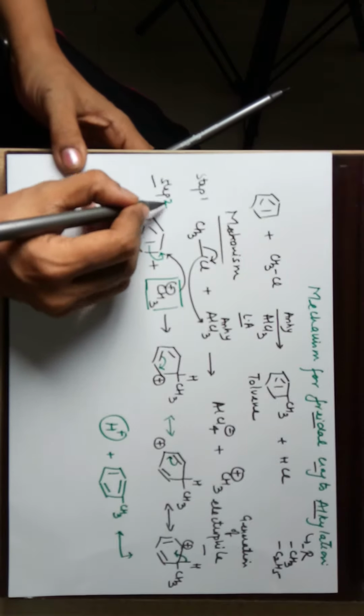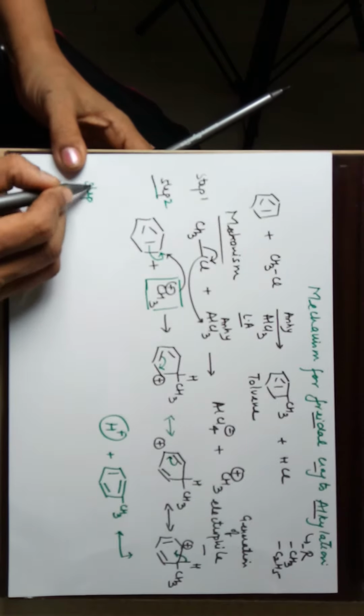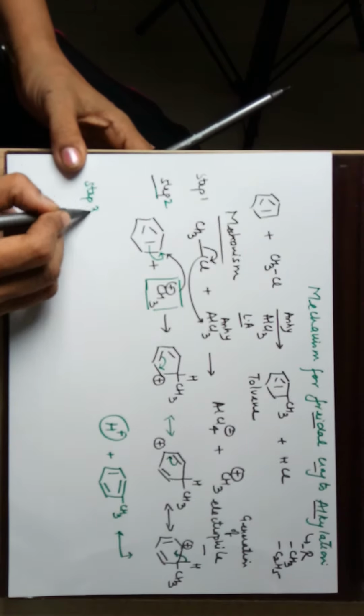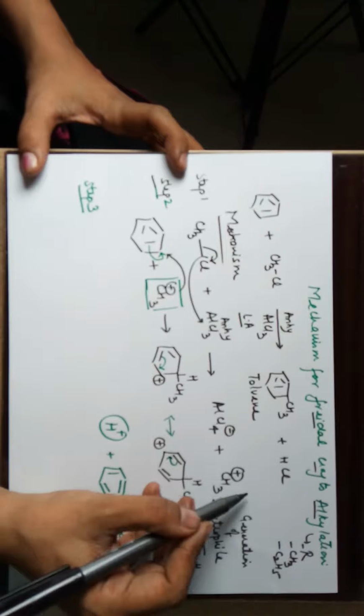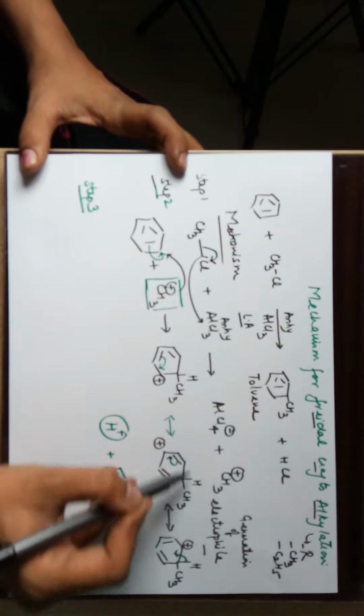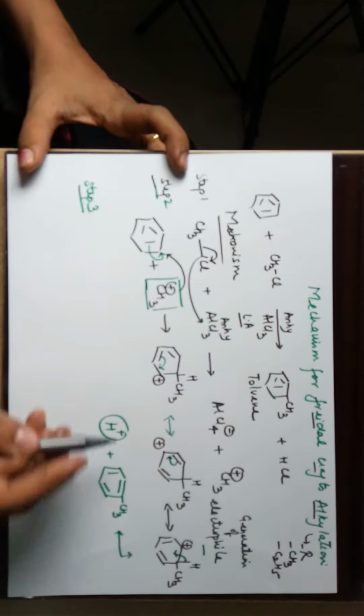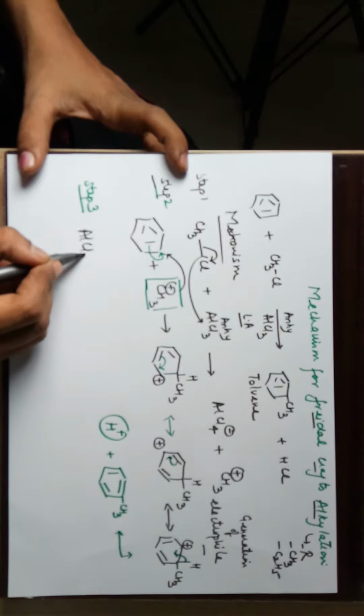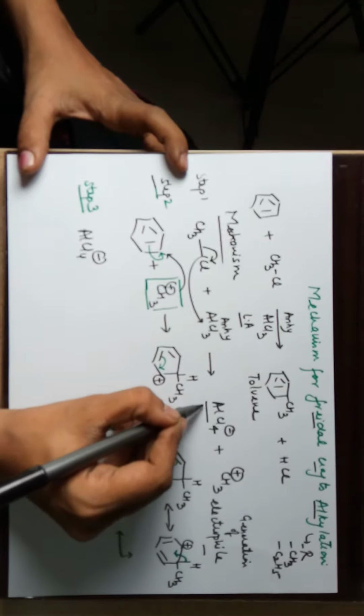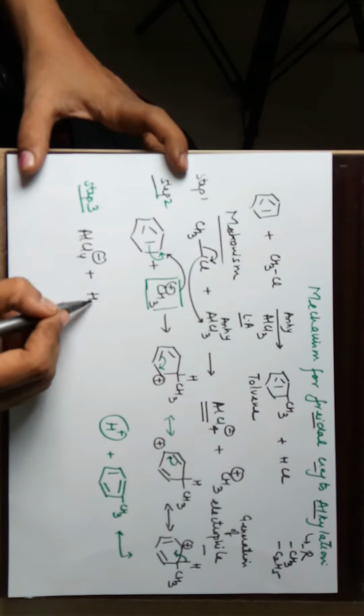Moving on to step 3. Step 3 is the resultant of the two steps. In step 1, we used up the methyl in the attack onto the benzene. We are left with the AlCl4 from step 1 and the H plus from step 2.